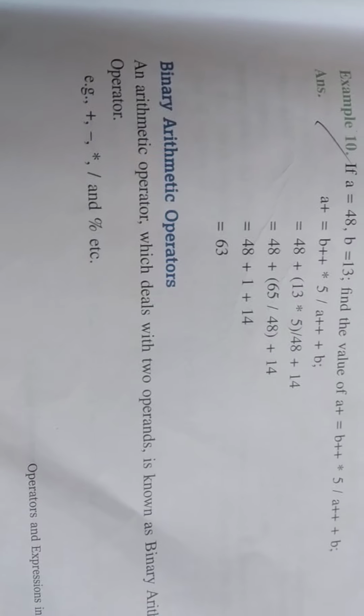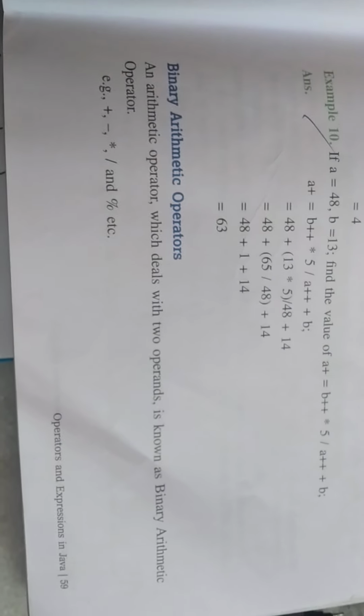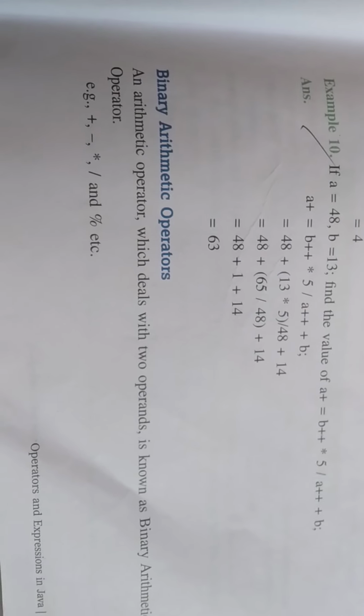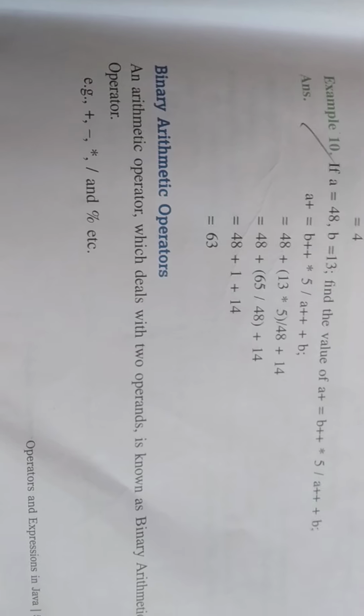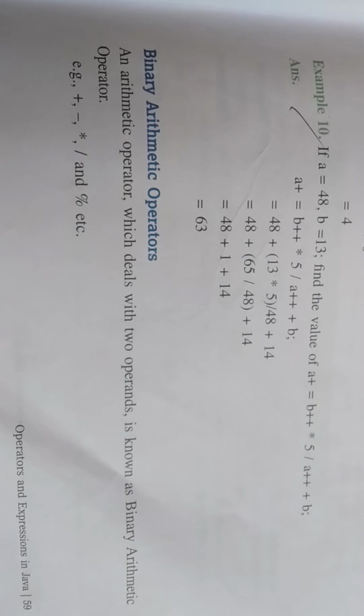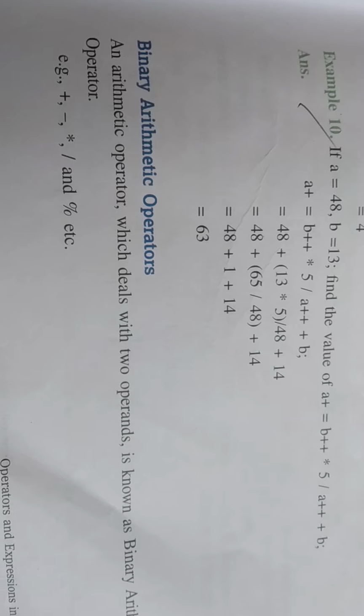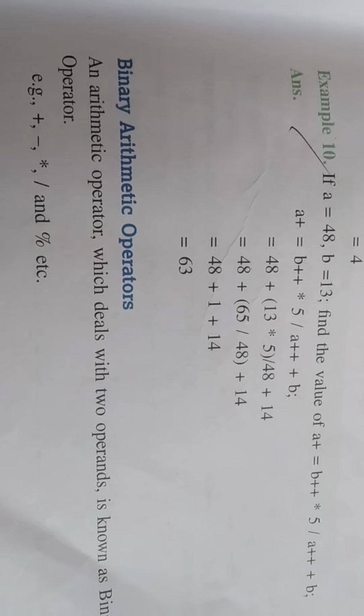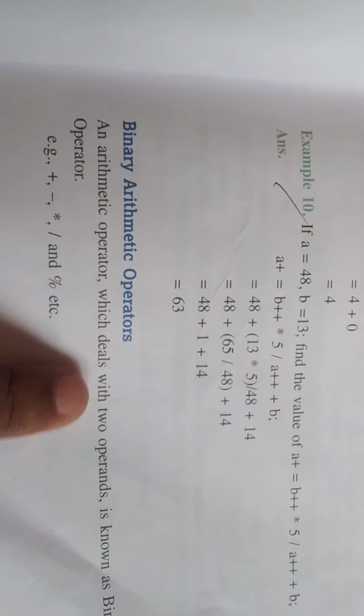Now comes binary. What is a binary arithmetic operator? Binary refers to all those operators, those symbols, that need a minimum of two inputs, that is two operands, to perform the operation. For example, a plus b.